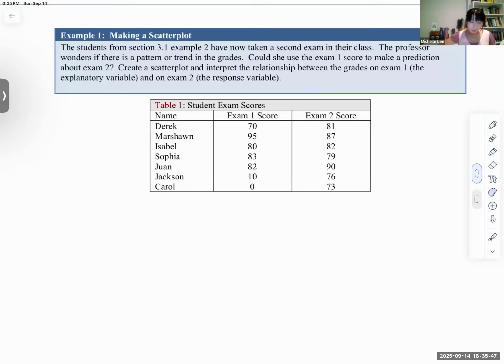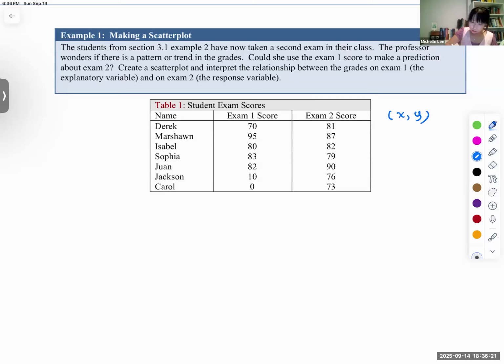All right, so we have example one, making a scatter plot. We have a data set. We want to make a scatter plot and interpret the relationship between the grades on exam one, the explanatory variable, and exam two, the response variable. So this will be X, this will be Y, like ordered pairs (X, Y).